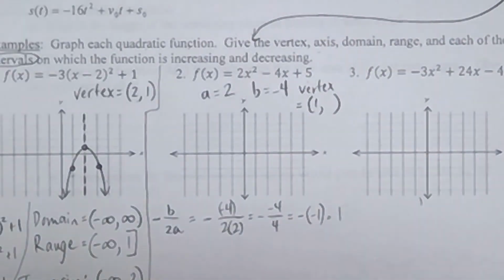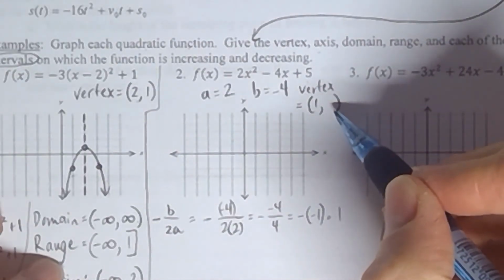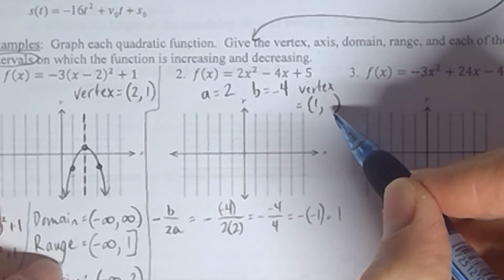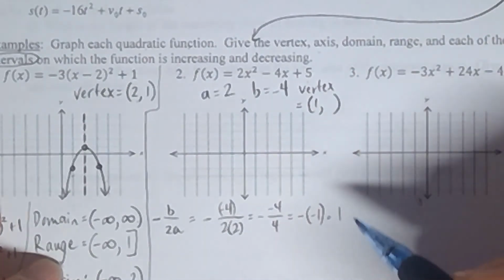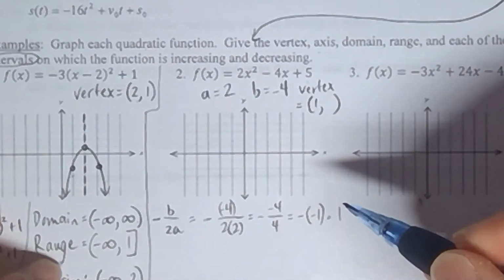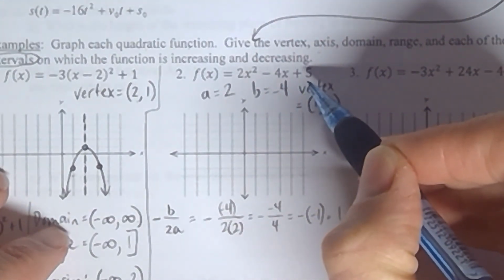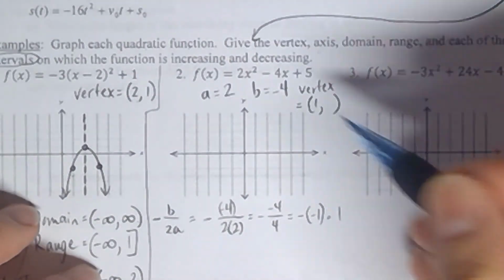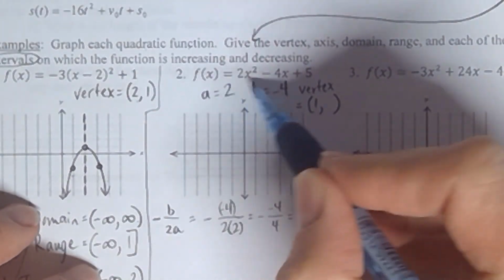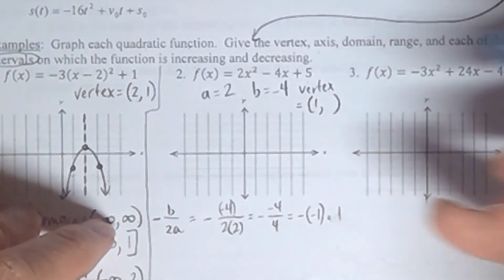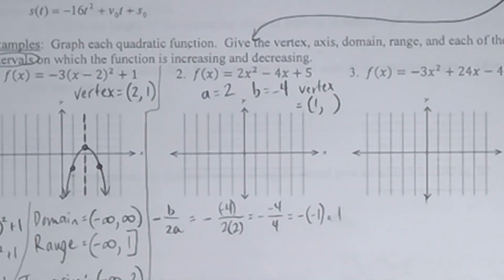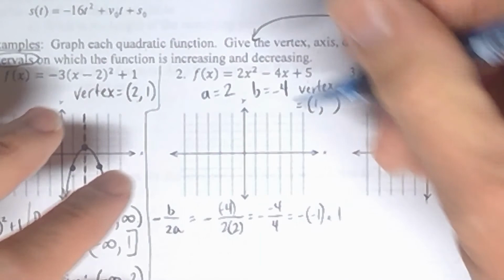In order to figure out the y portion of the vertex that goes with 1, since it's supposed to go with 1, it would make sense that we would plug the 1 into this function up here, because anytime you plug a number into x and then you figure out what the function value is, it will automatically be the number that pairs up with 1. We found that out in chapter 2. So what would that be here?